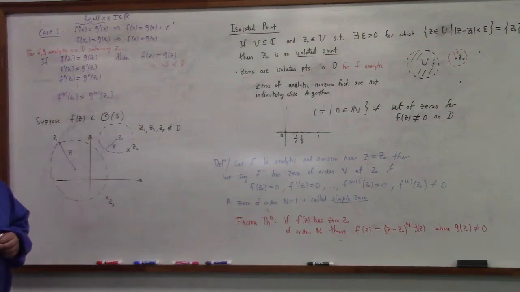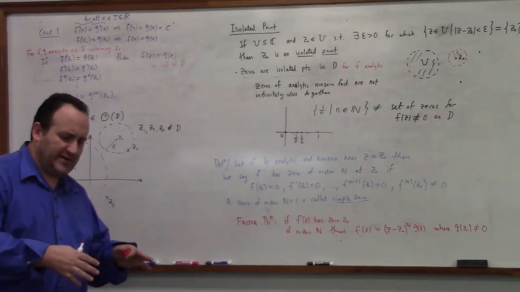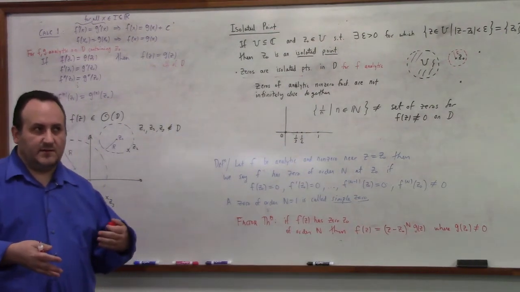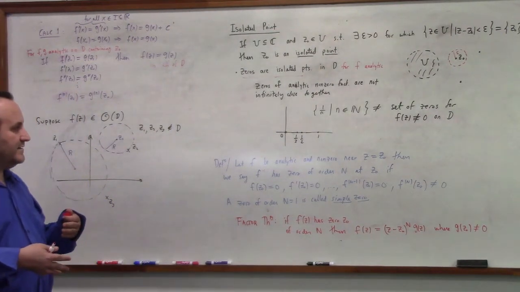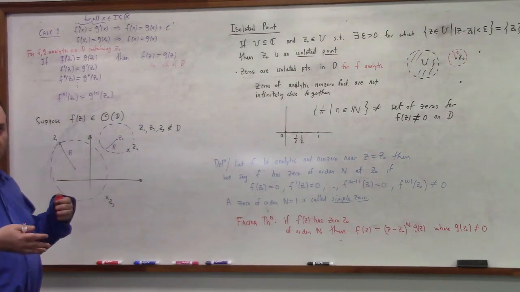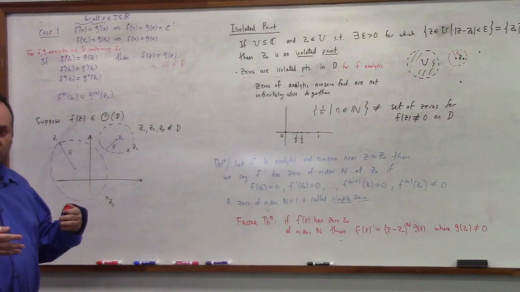It takes a lot of different pieces woven together in this chapter, but ultimately what Gamelin shows is that the zeros of an analytic function are not infinitely close together. They have to be isolated points.